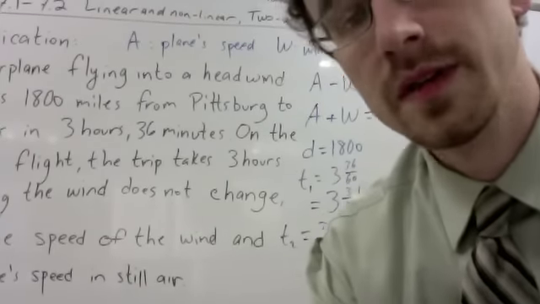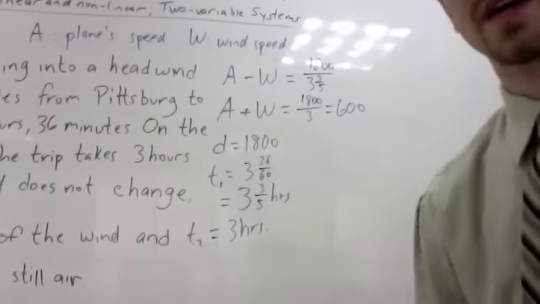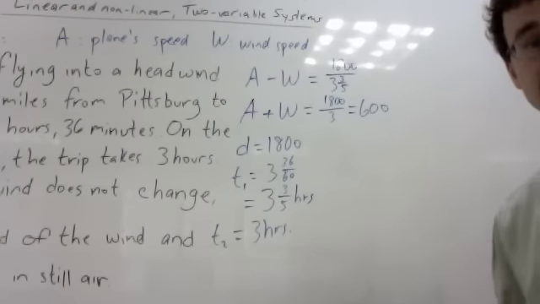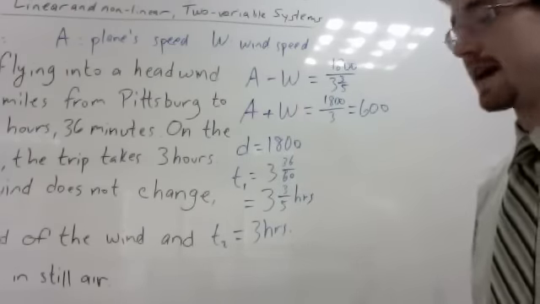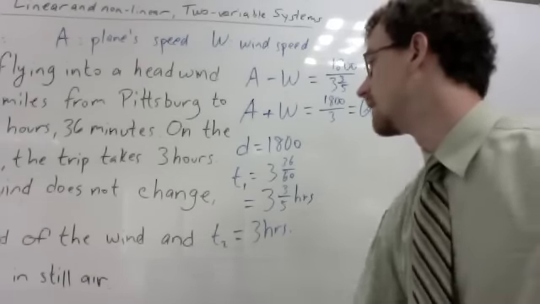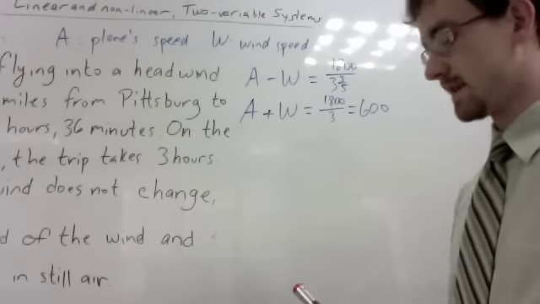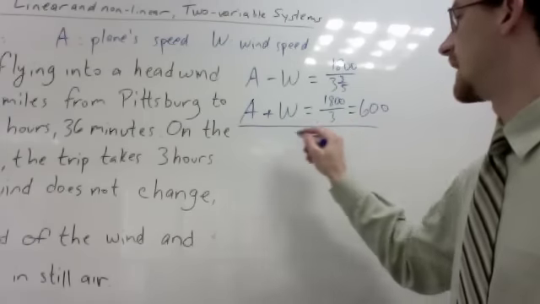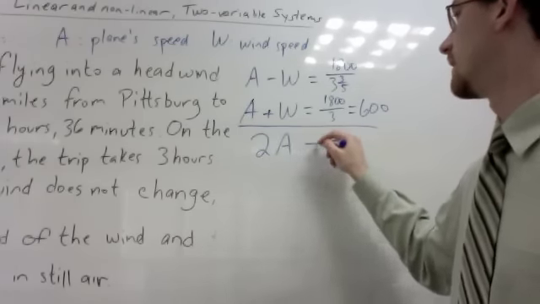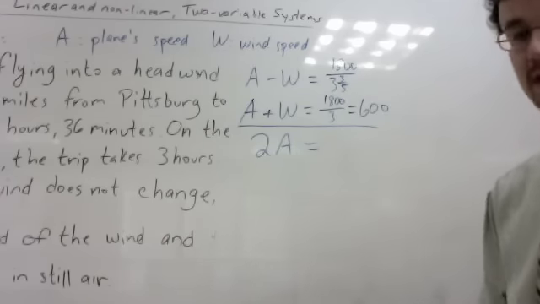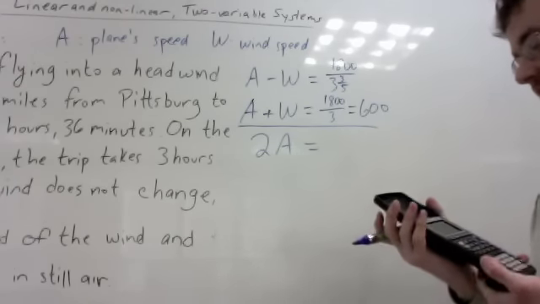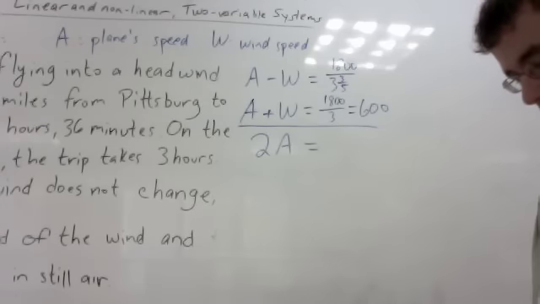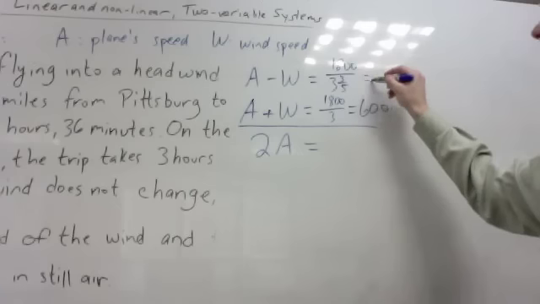Now that we have our system written, we can go ahead and solve it. This is set up very nicely for elimination. If we add our two equations together, that gives us 2 times the speed of the airplane is equal to, actually let's take a second and figure out what 1800 divided by 3 3/5 is. 1800 divided by 3 3/5 comes out to 500.